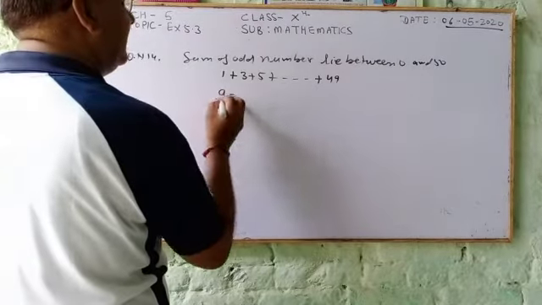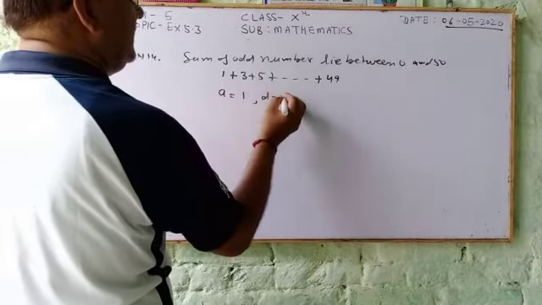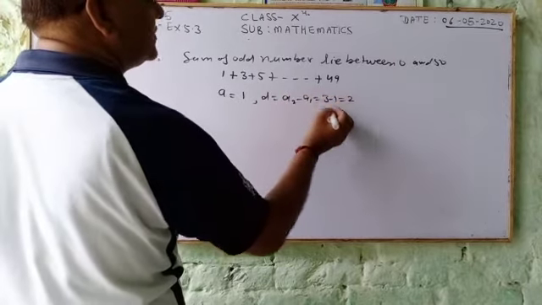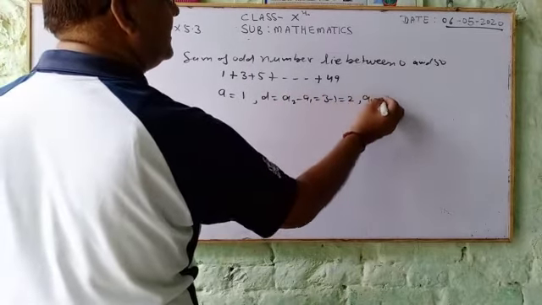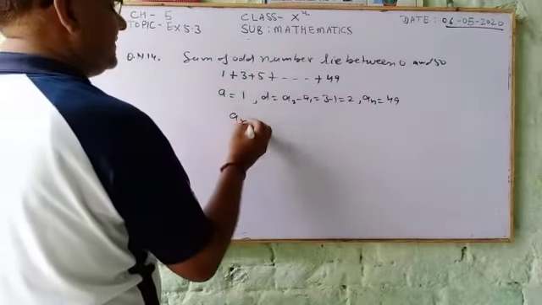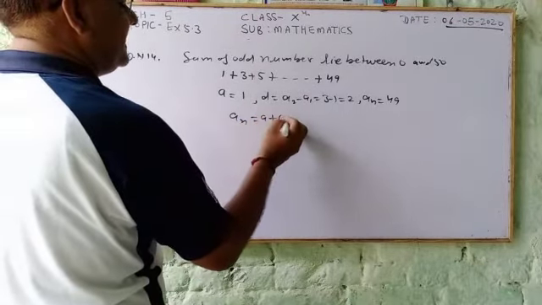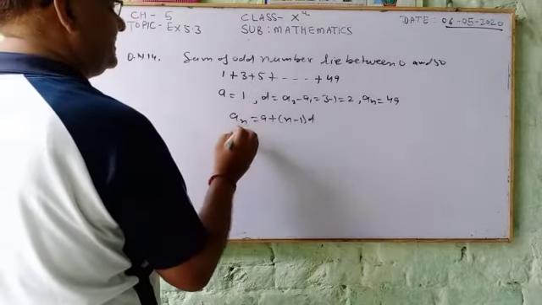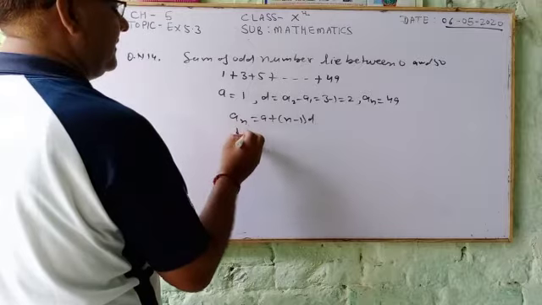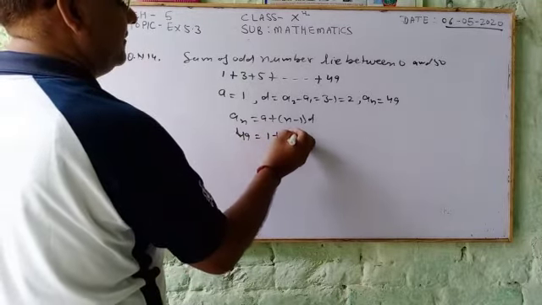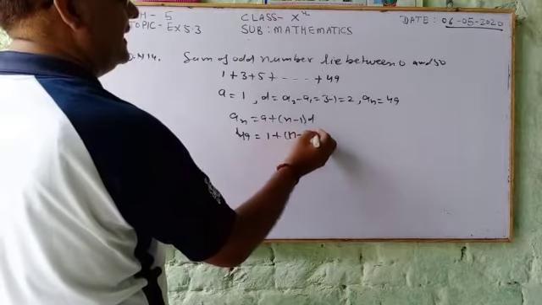So a equal to 1, d equal to a2 minus a1, 3 minus 1, that is 2, and an equal to 49. So we use the formula an equal to a plus n minus 1 into d to find n. 49 equal to 1 plus n minus 1 into 2.